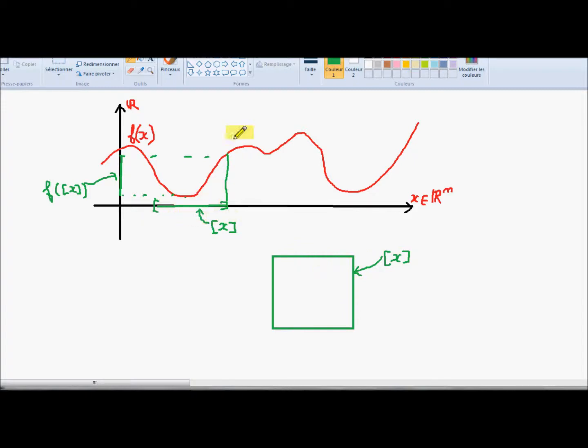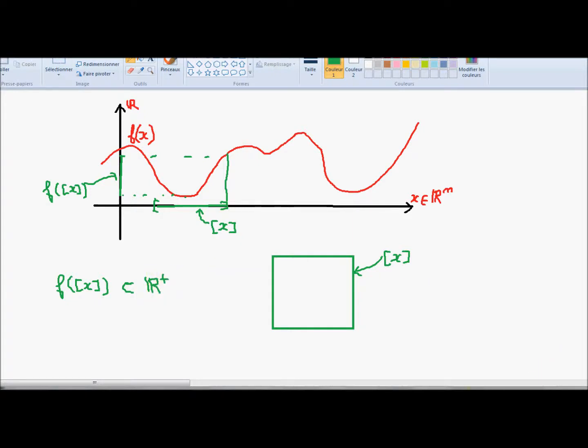So interval analysis is a tool that makes it possible to prove that f of [x], the image of a box, is always positive. Rather than always positive, it's better to write included in R plus.